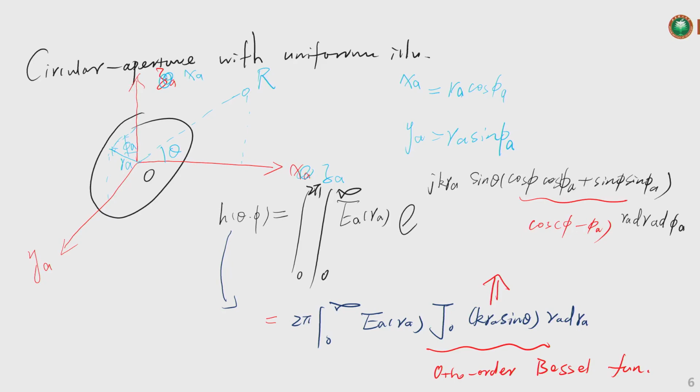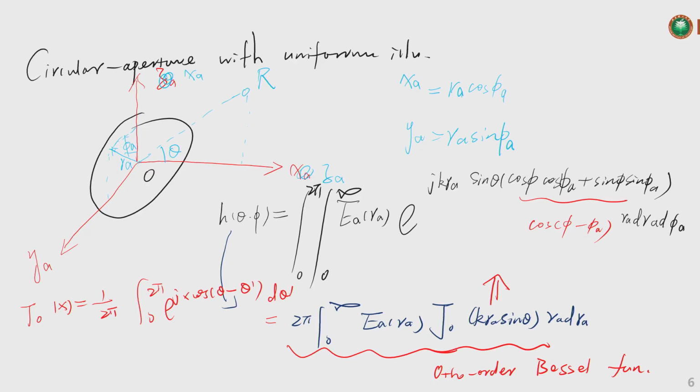And it can be represented by J0, for example, J0(x) equals 1 over pi, integral from 0 to pi of e to the j x cosine of theta minus theta prime, d theta prime, something like this. So this is the Bessel function. Can we simplify it under such a condition here?